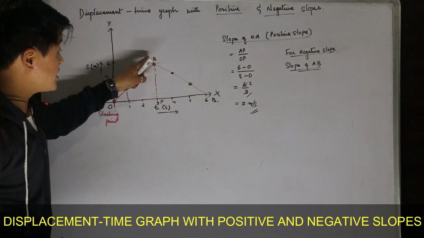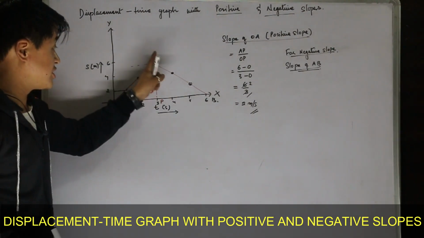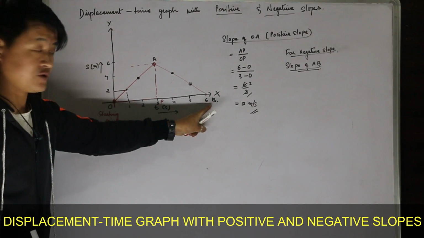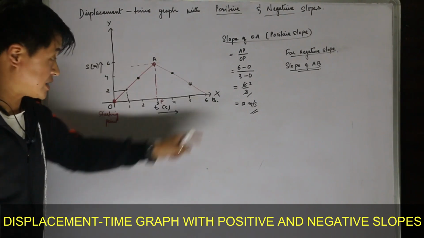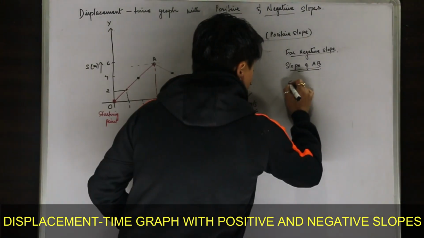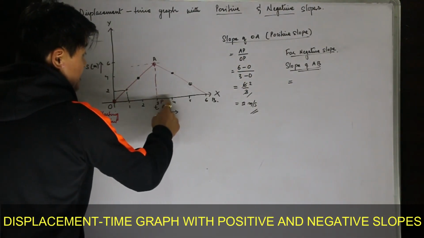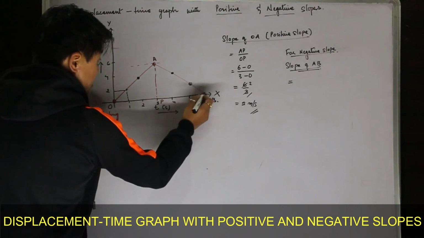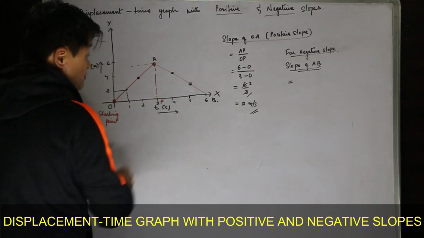So here the ball is moving from the wall to the starting point. It is coming from here to here. So when it moves here, the slope of AB will be how much? Again, APB. This is the horizontal line we draw here, and this is the vertical line. So it meets at point P.